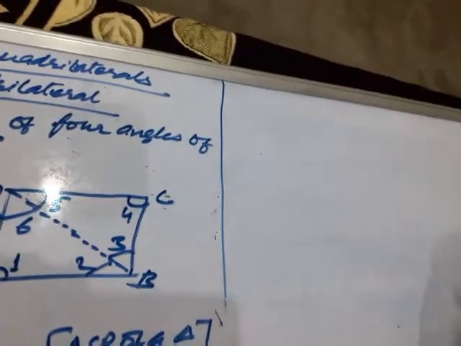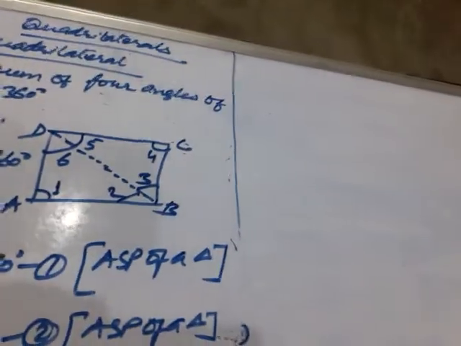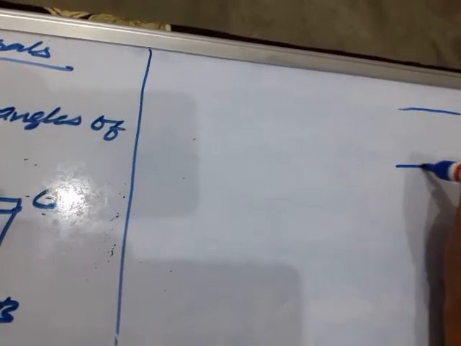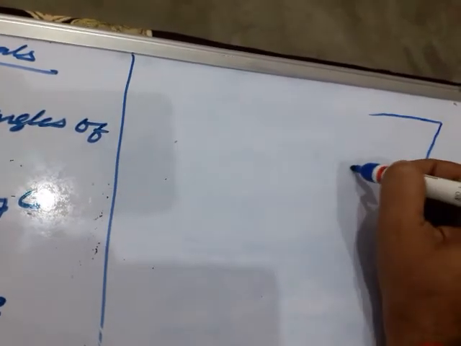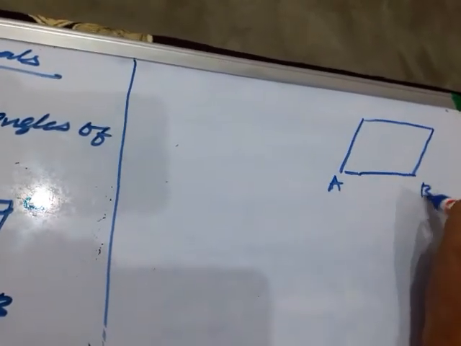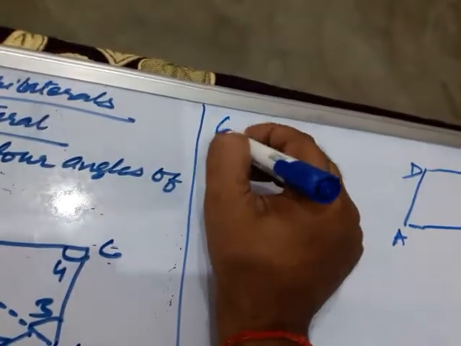Let us move to the next part of the board, here a parallelogram is there. Draw a parallelogram in this way. ABCD is a parallelogram.